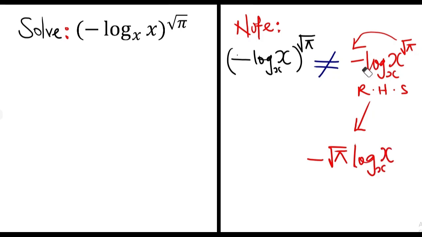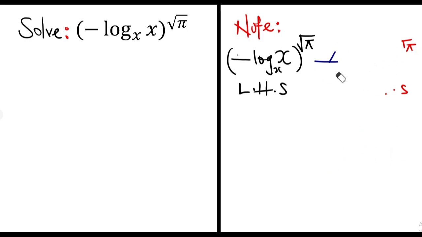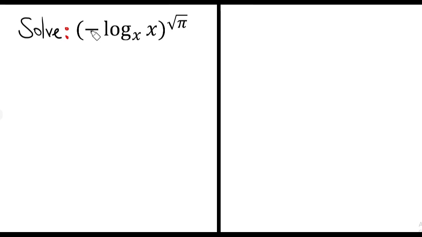The next step is minus log of x to base x to the power of root pi, which is minus root of pi log of x to base x, which is not the same thing we have here. So we're not going to handle this left hand side with what we have in the right hand side. That is why they are not the same thing. Our focus should be what is inside these parentheses.